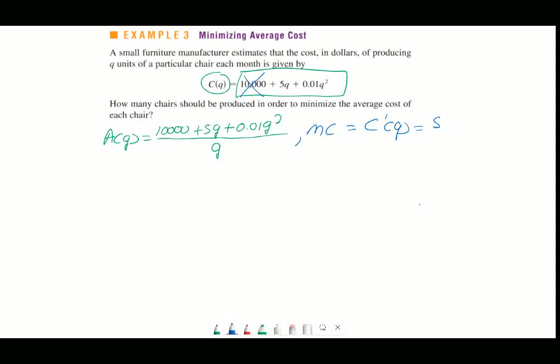So the rest of my derivative, take it term by term, and then we're going to set these equal to each other. So we've got average cost over Q equals marginal cost.